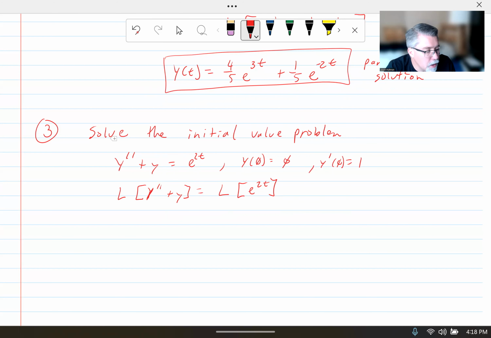It's kind of a neat way of working with these things. First we transform and then we undo. So this is going to be the Laplace transform of y double prime plus the Laplace transform of y is equal to the Laplace transform of e to the 2t.